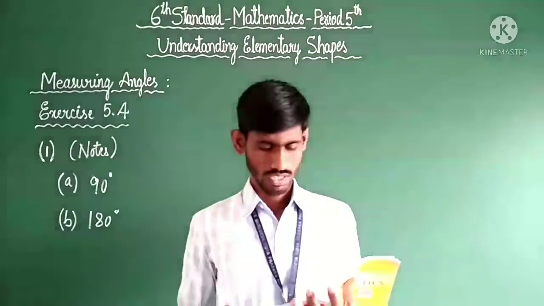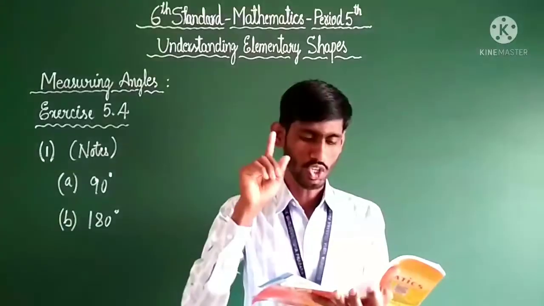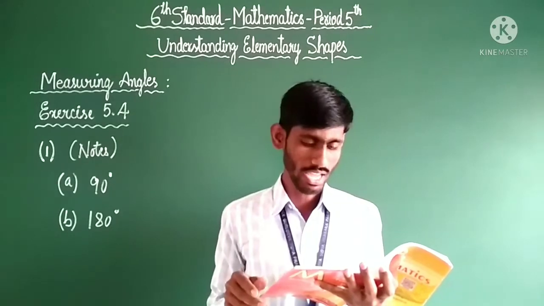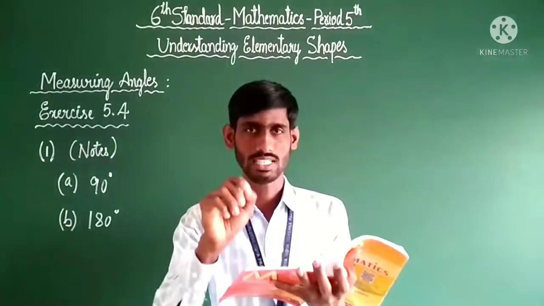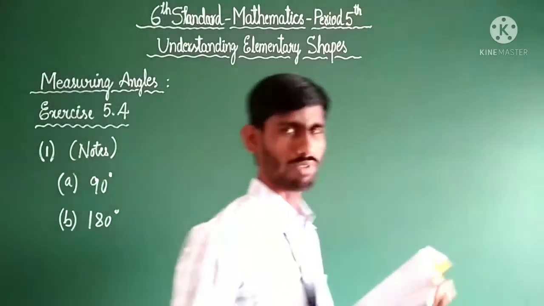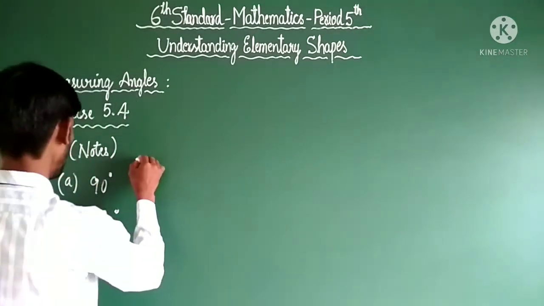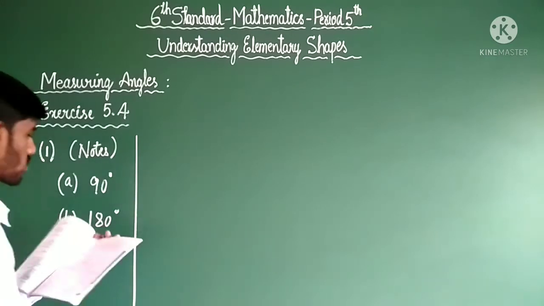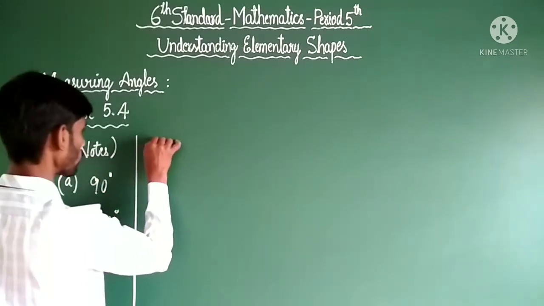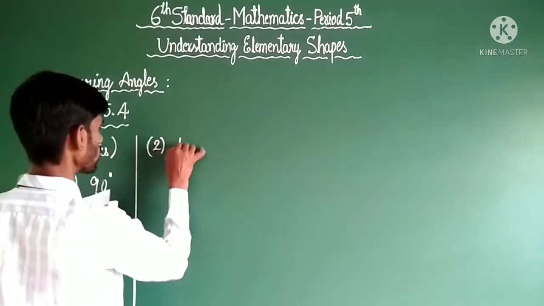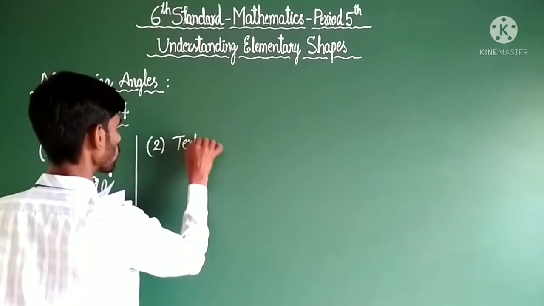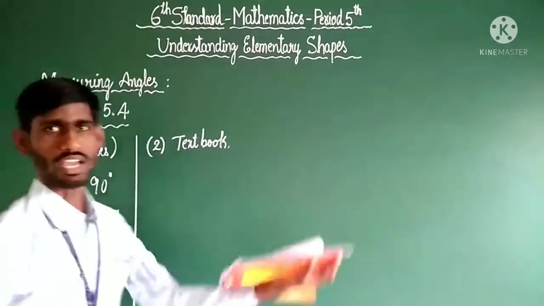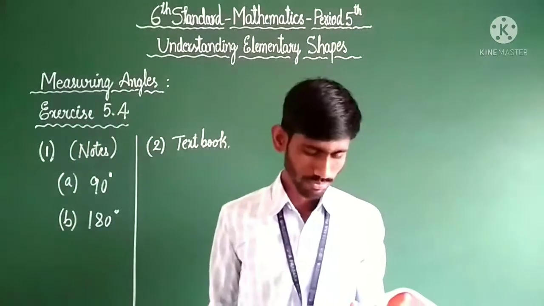Next question. Second question. Say true or false. First one. Measure of an acute angle less than 90 degree. Dear children, second one belongs to textbook.